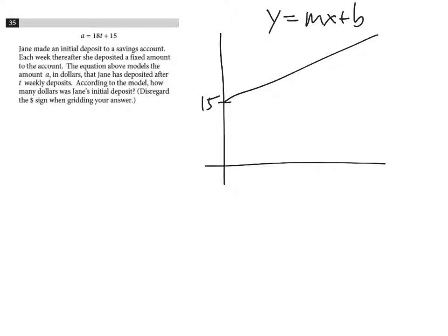Then every t, which is a week, every week it's going to increase by 18. So the value when the weeks are 0, well, that must be the initial deposit, and that would be 15.